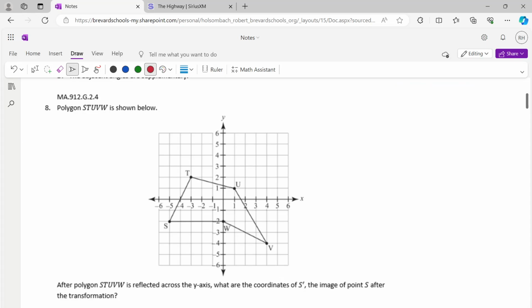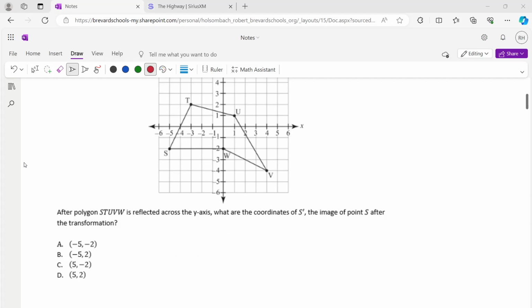Problem number 8. Polygon STUVW is shown below. All right. After the polygon is reflected across the y-axis, what are the coordinates of S prime?